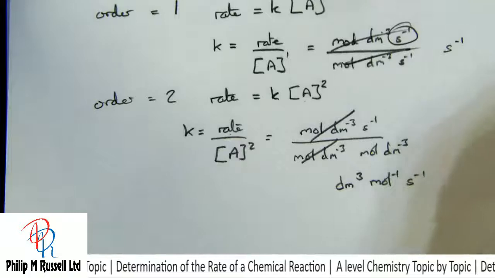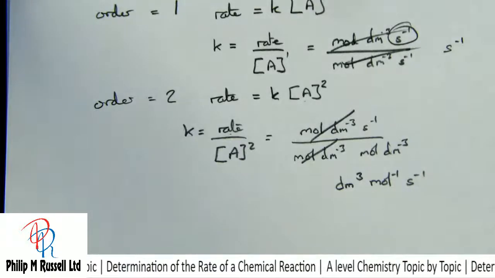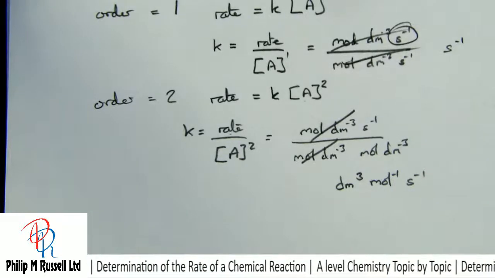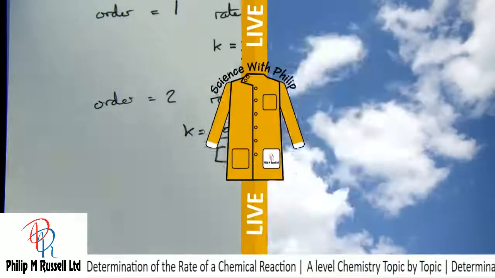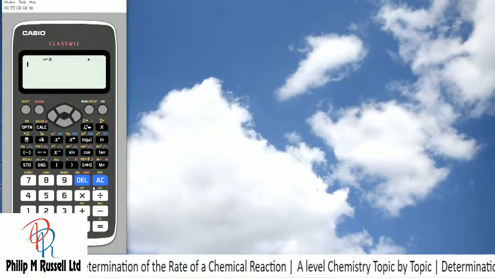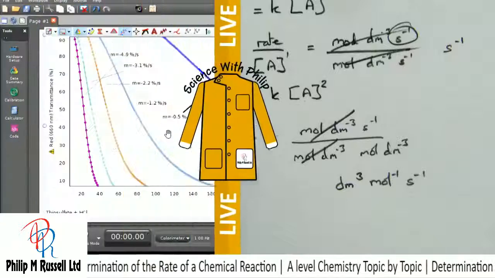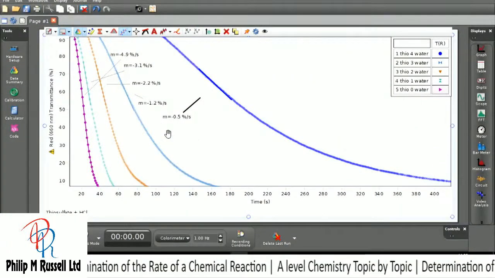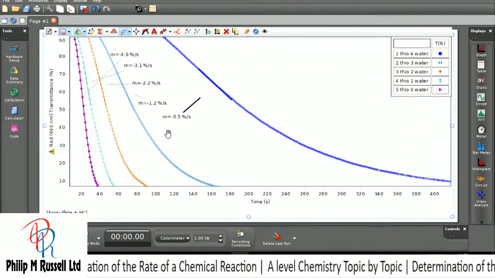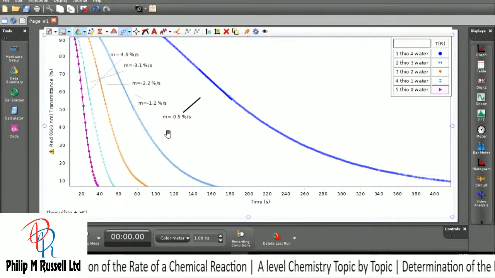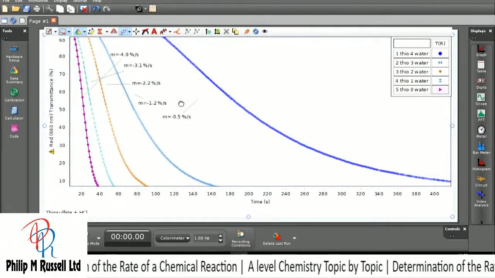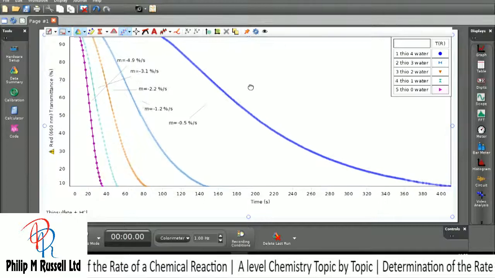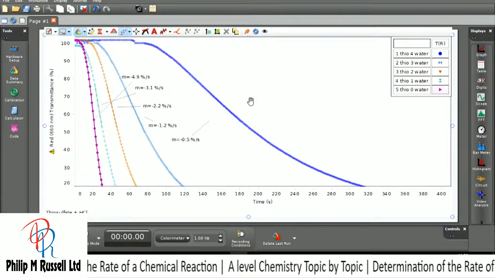So we've done an experiment. And what we've done, we've continually monitored an experiment. And as my experiment goes on, we can see that it starts off at 100.